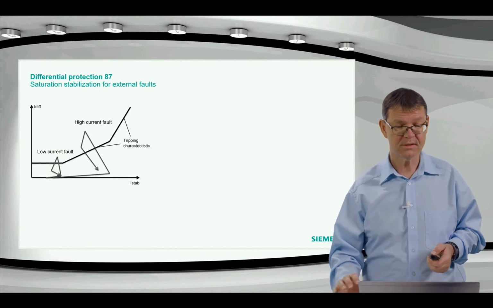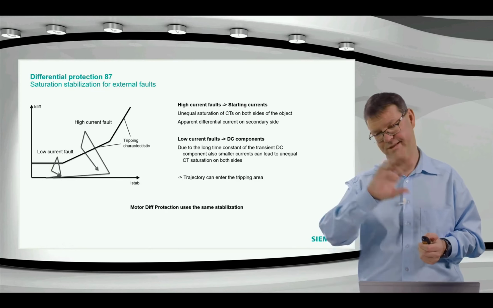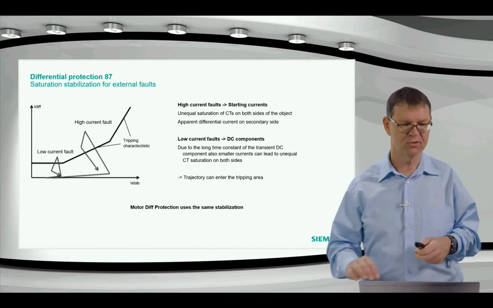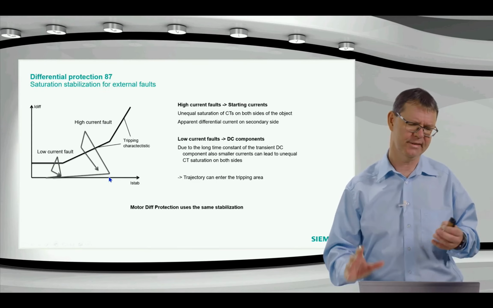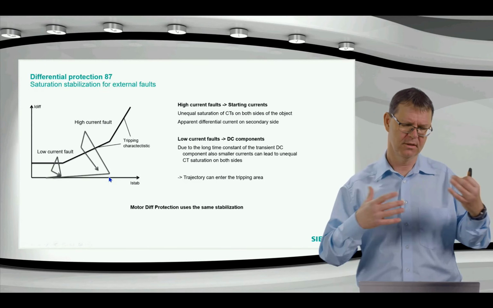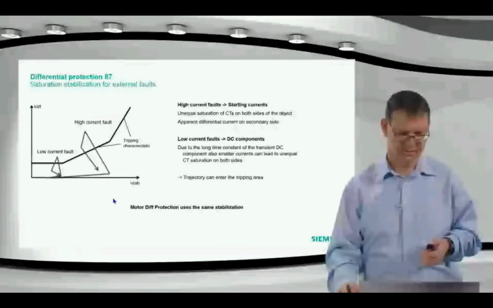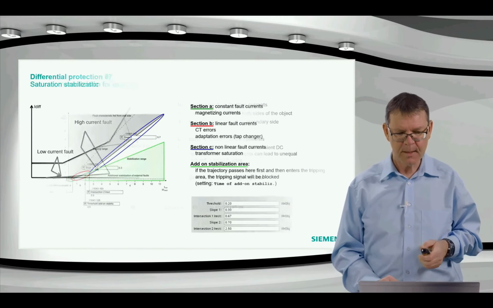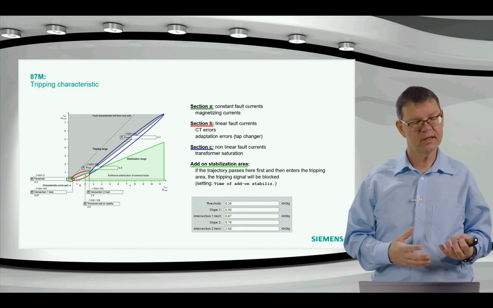Therefore, two principles. This is a little bit of text for the documentation to read if you like. Basically, we have the two principles. What is relevant mainly is that during the startup, I have the high currents, not faults, but startup currents. I mentioned already we use the same principle because it works fine for the motor protection.